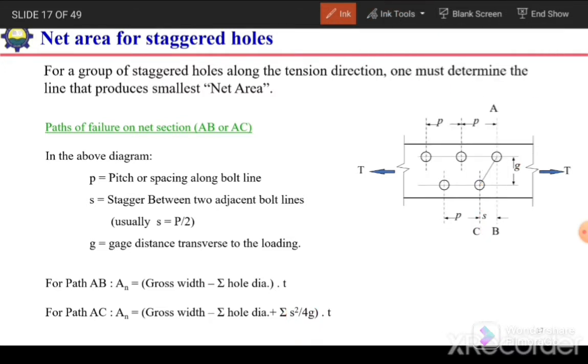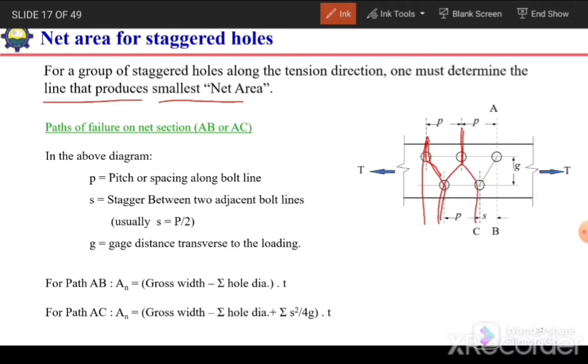So now we start reading from here. For a group of staggered holes along the tension direction, one must determine the line that produces the smallest net area. So we will consider this net area or this critical path.